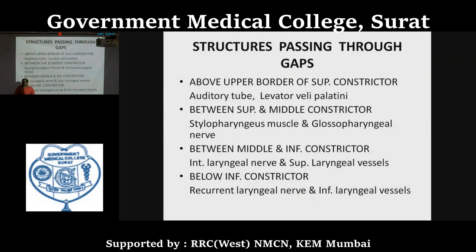And below the inferior constrictor, it is the recurrent laryngeal nerve with the inferior laryngeal vessels. So these are the structures that pass through the gaps between the constrictors. So this was all about the constrictor muscles. Now let's go to the vertical muscles.